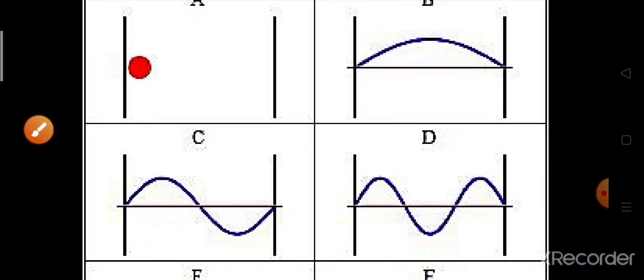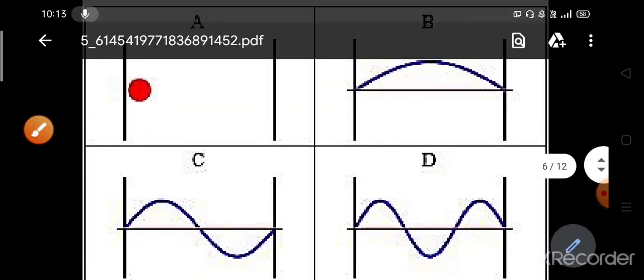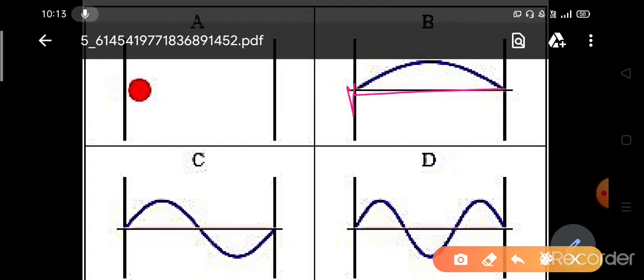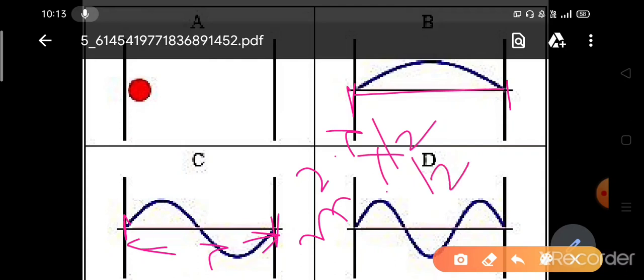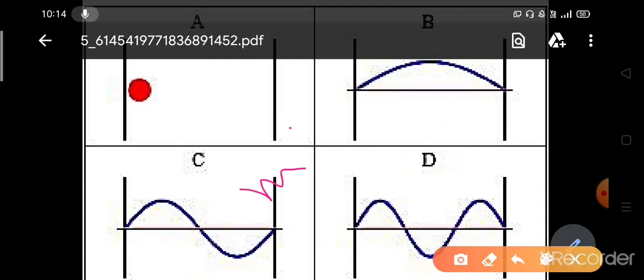If you look at it in terms of wavelength, this is lambda by 2, and here the wavelength is lambda, or you can write it as 2 into lambda by 2, because the constructive interference happens at integer multiples of lambda by 2, that is, m into lambda by 2 is the constructive interference condition.